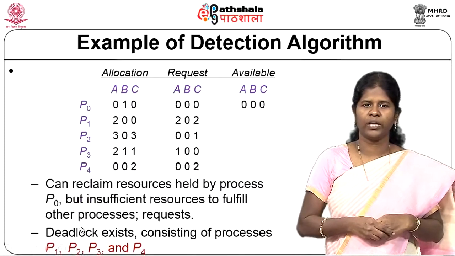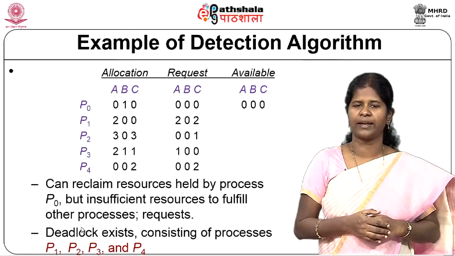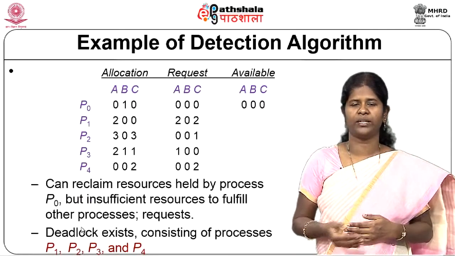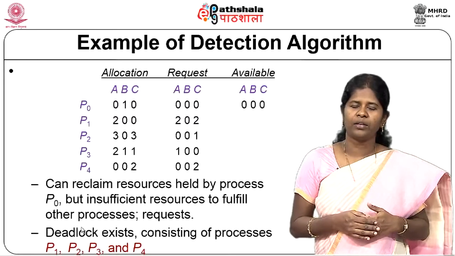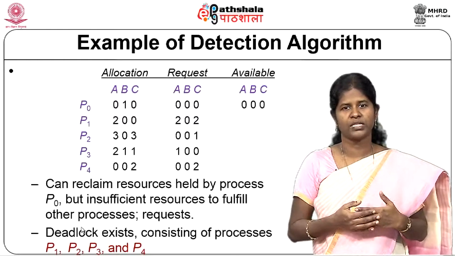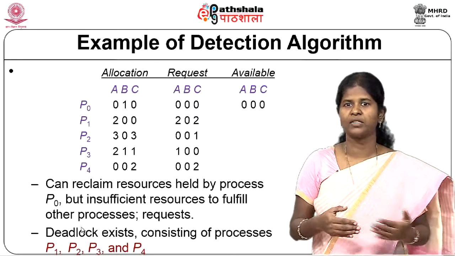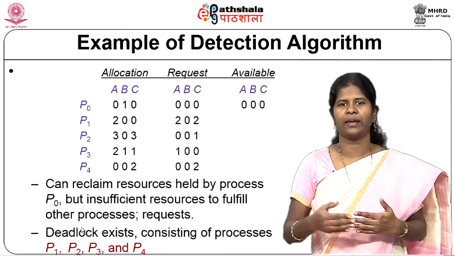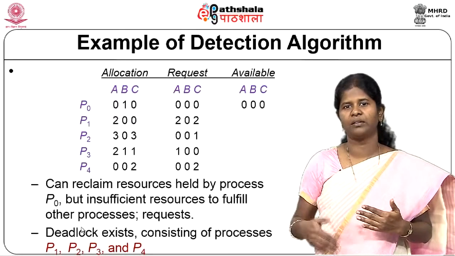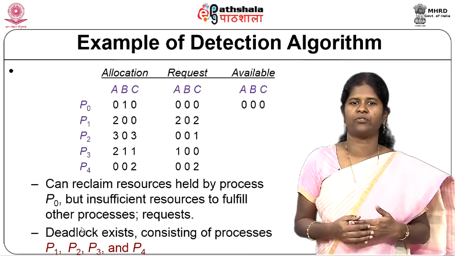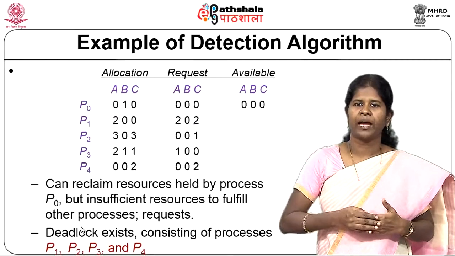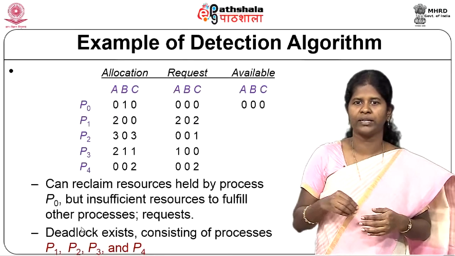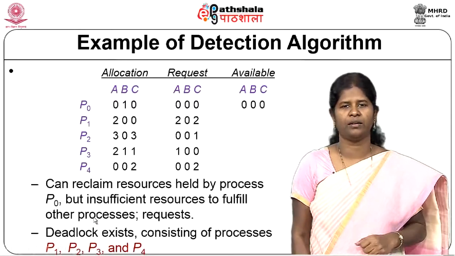Even though you are able to claim the resources that are currently held by P0, P0 is not involved in a deadlock, and you can get back the resources allocated to P0, but even in that case you cannot satisfy the request of the other processes P1, P2, P3 and P4. So, there is a deadlock, and the processes involved in the deadlock are P1, P2, P3 and P4.